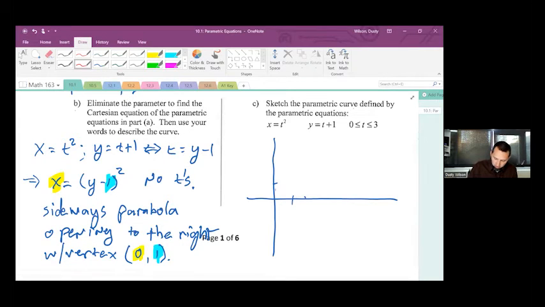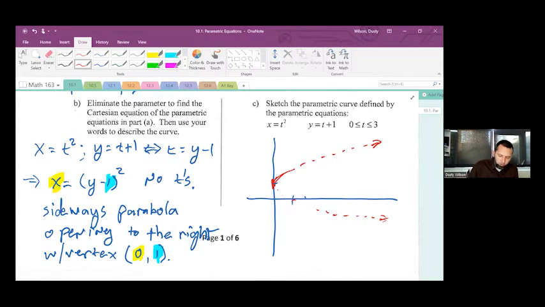So we have some nice curve like this. And I'm drawing it dotted for reasons that will become clear in just a moment.